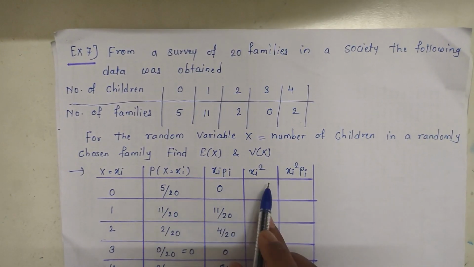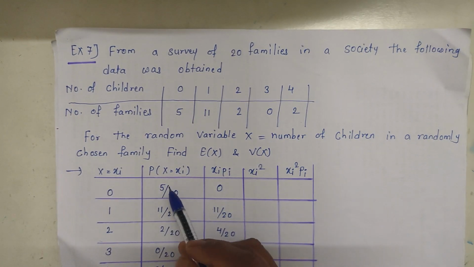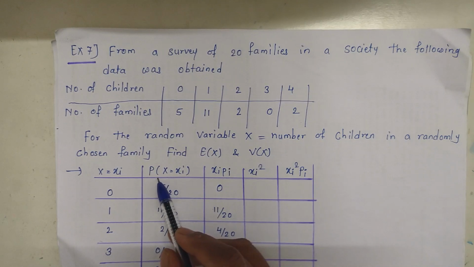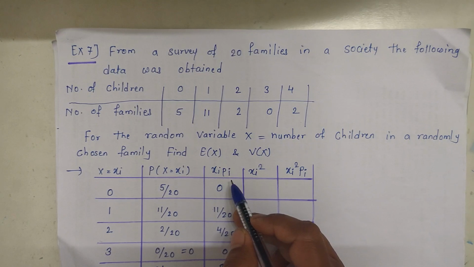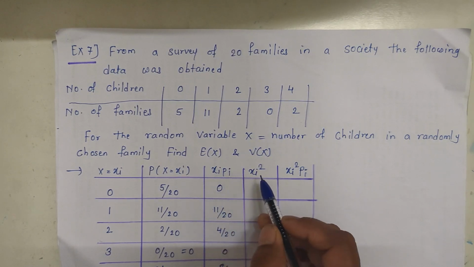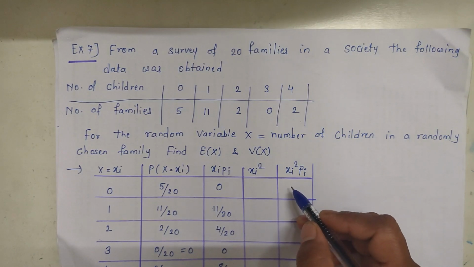For the given data, we can tabulate it as follows. In the first column we write x equal to xi. In the second column, their corresponding probabilities, probability of x equal to xi. In the third column, the product xi pi, then xi square, and the last column xi square into pi.